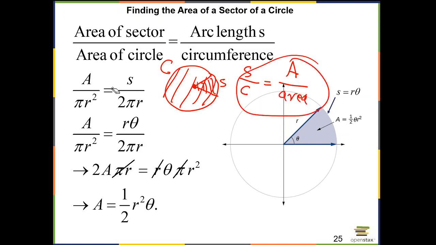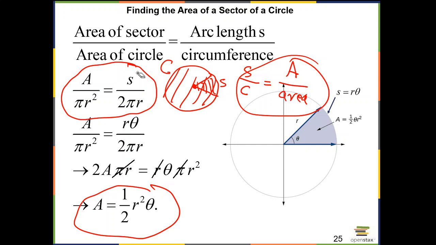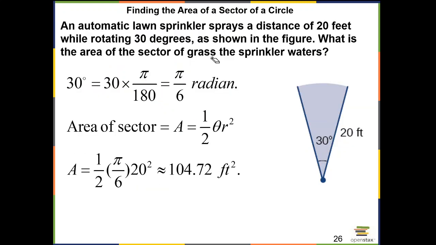And that's exactly what we have here, see? And if you simplify this and solve for A, then you get this formula. Because we know S is what? S is actually R times theta. So if you substitute that and isolate A, we can prove the formula. Okay? All right. So we have a formula to find the area of a slice of a pizza.